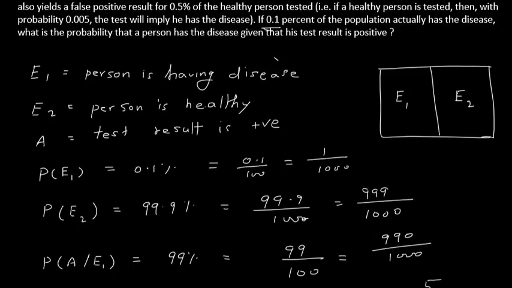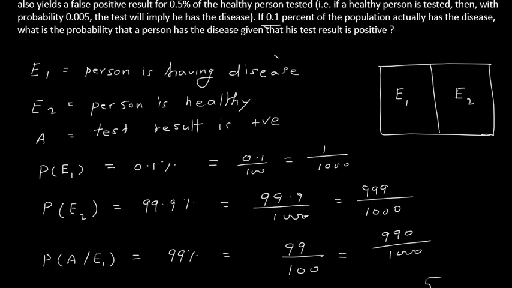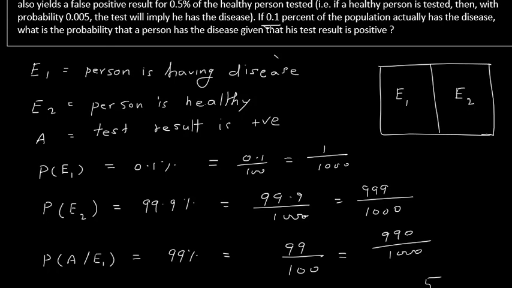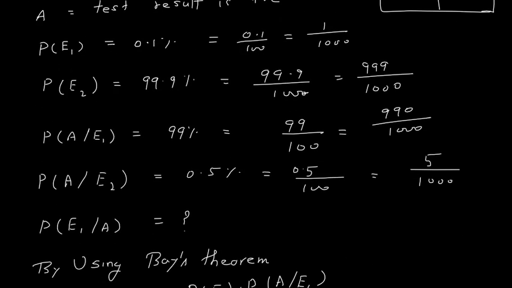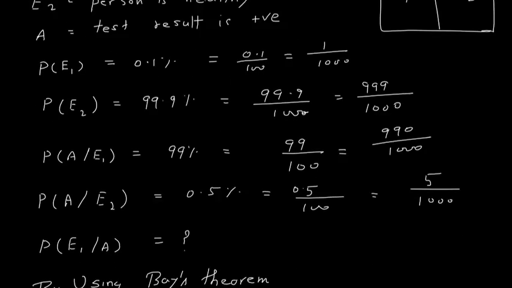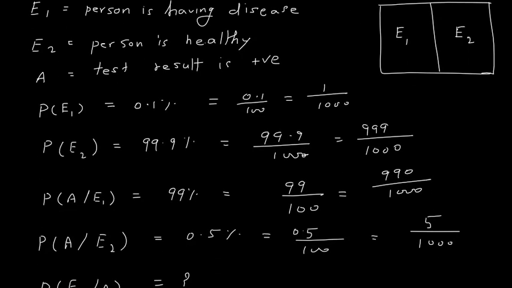Let us check the calculation again. E1, person having disease, so it is 0.1. 0.1 means 1 upon 1000. E2, the person does not have disease, 99.9, that is 999 divided by 1000.